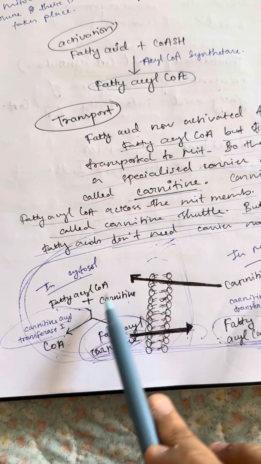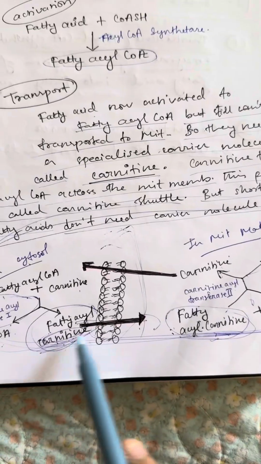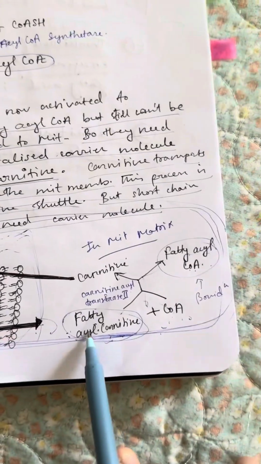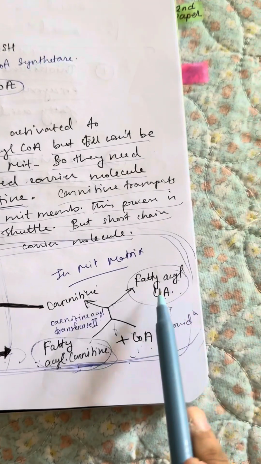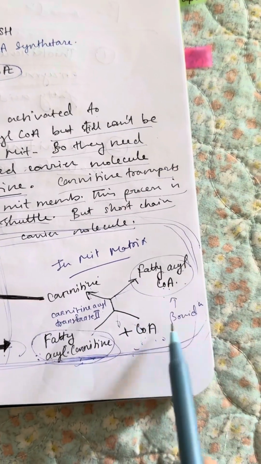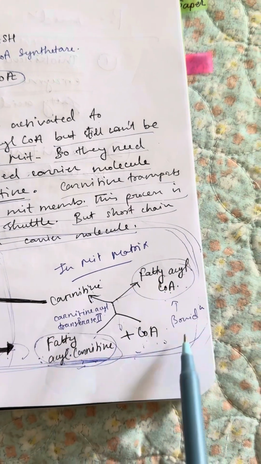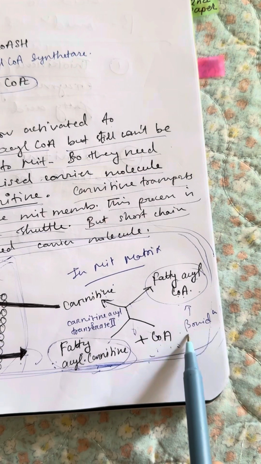Fatty acyl coenzyme A combined with carnitine, and carnitine acted like a vehicle and dropped the fatty acid in the mitochondrial matrix. So the fatty acyl coenzyme A is now ready in the mitochondrial matrix for beta oxidation. This is what we actually needed.